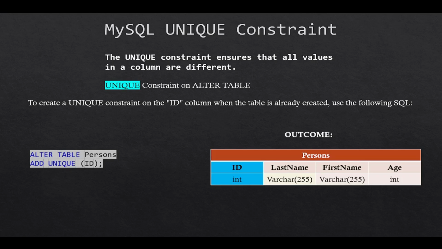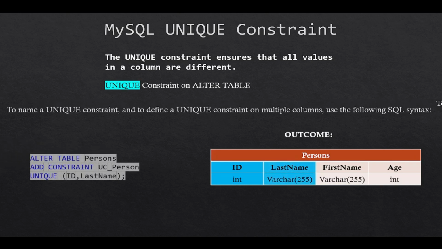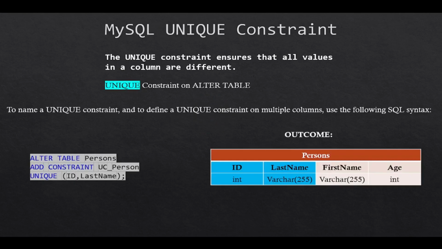So overall, this SQL code modifies the table structure by adding a constraint to an existing column. We have another example, also to name a unique constraint and to define a unique constraint on multiple columns. You can use the following SQL syntax. The code uses the alter table statement to add a constraint named UC_person to an existing table person.